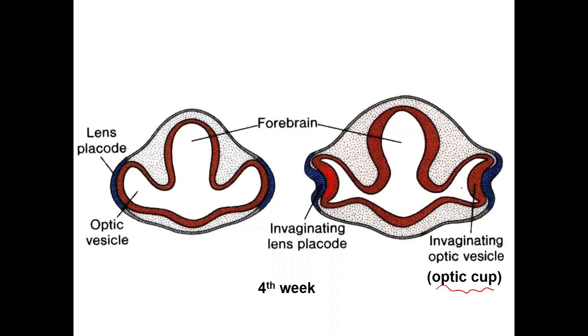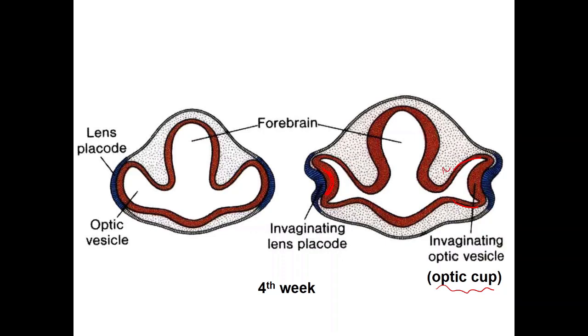Because it really looks like a cup. We have inner and outer surfaces of the optic cup. This is very important because some structures will develop from the ectoderm, which is proliferating and invaginating because of the optic cups, and some structures will eventually develop from the optic cup.